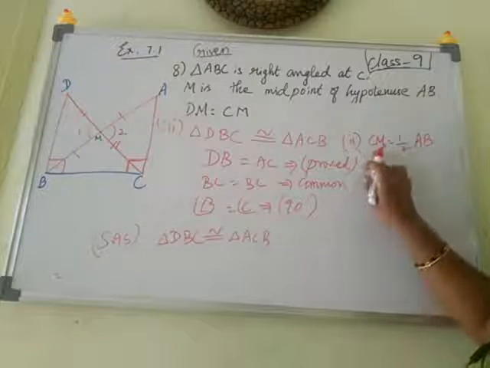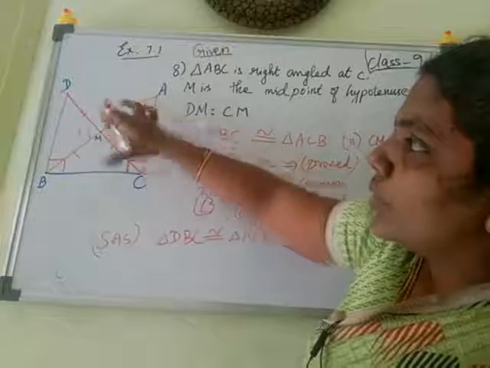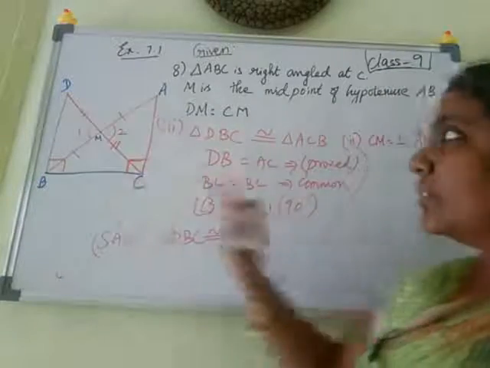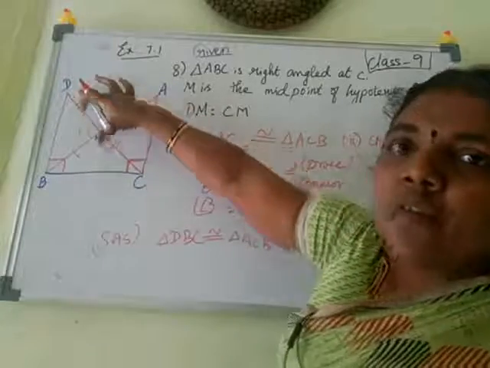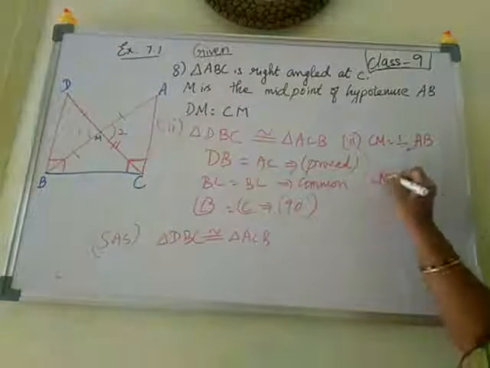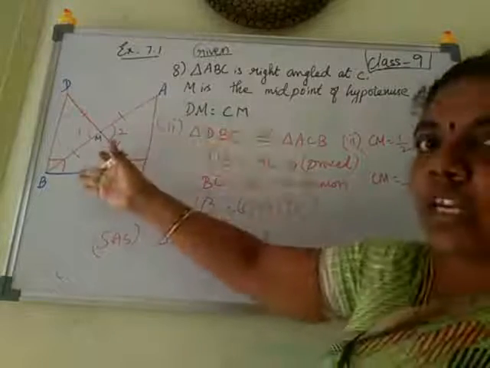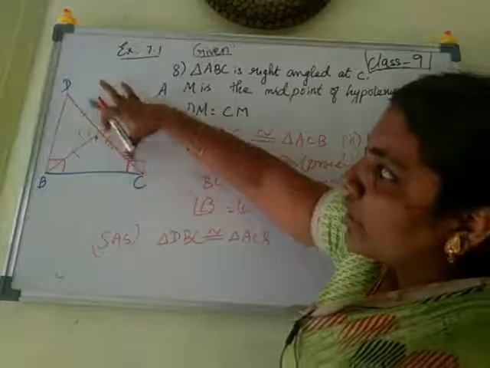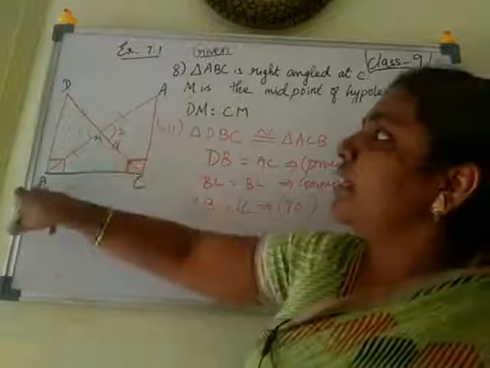The very last one is CM is equal to half of AB. This is the thing we have to prove. But what we know is CM is equal to half of CD, and from the figure we can see CM is equal to half of CD. But this CD is nothing but AB.